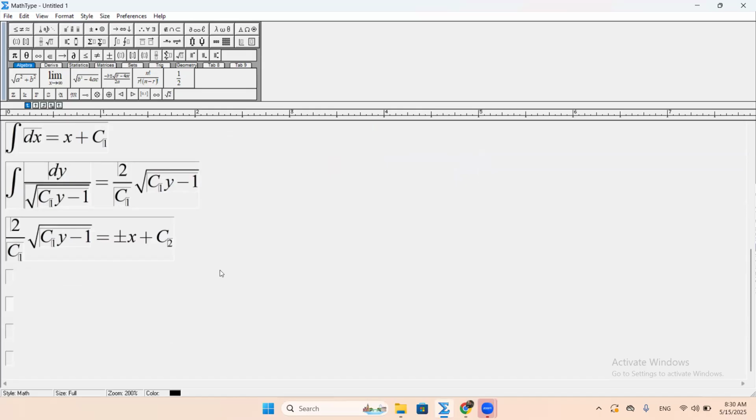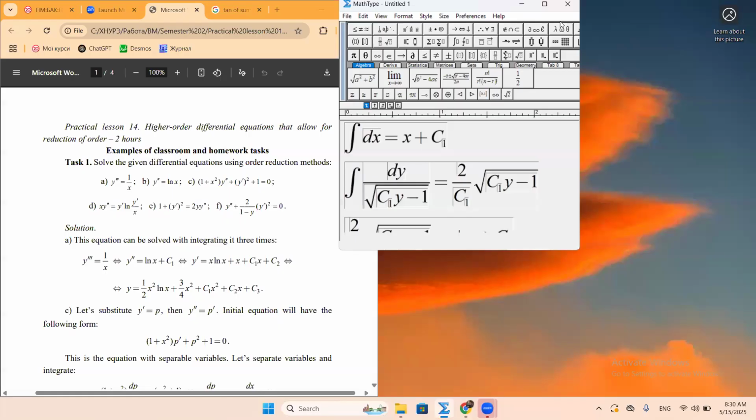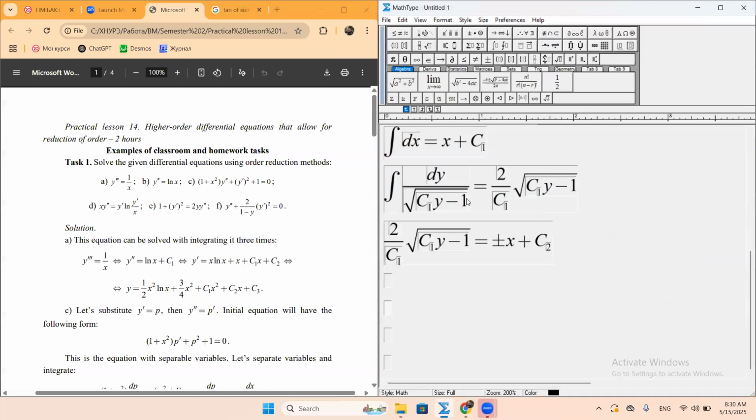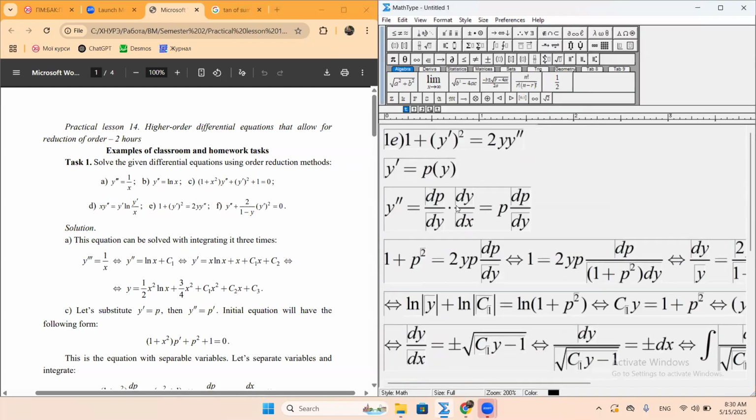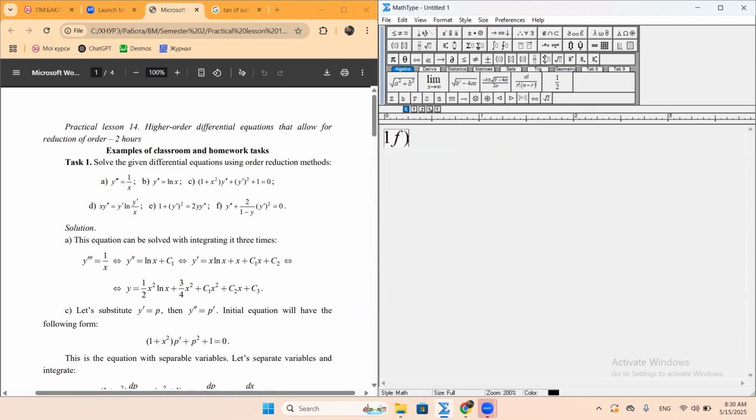How to do it, you already know. I see that it's time for a break, but let's solve one more differential equation, and after that we will have a break. Maybe any questions about this exercise? Okay, if no questions, let's move on.